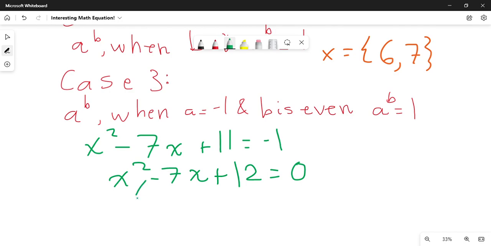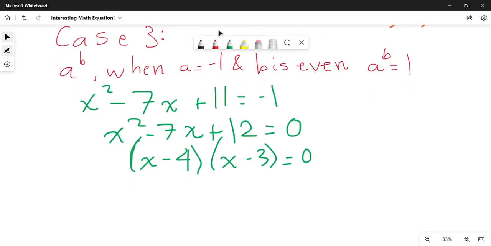We can actually factor this as x minus 4 and x minus 3, because -4 and -3 add to -7, and -4 times -3 is 12. So we continue, and we get x minus 4 is equal to 0, x minus 3 equals 0.